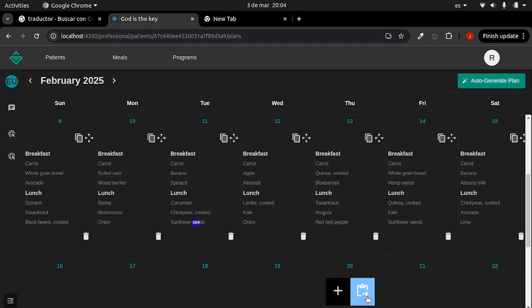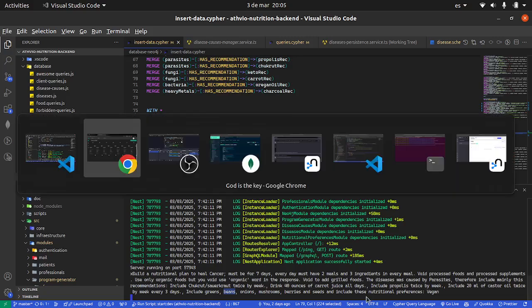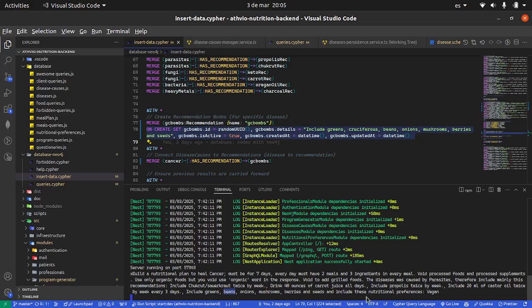Yep, I will try some enhancement to the prompt. Now I want to show how I was creating this prompt.